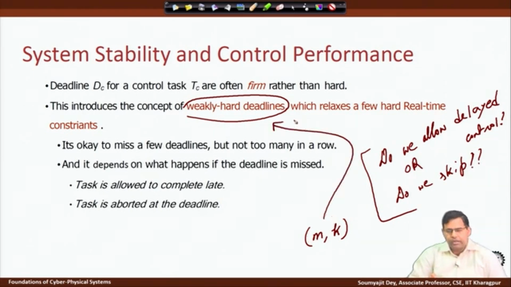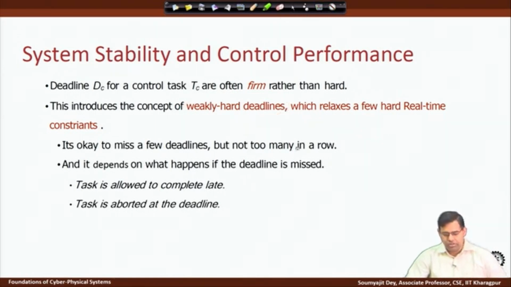That means my deadline is firm, but it is okay to violate the deadline in a bounded manner. For example, as long as out of every 10 consecutive deadlines I meet 5 or 8 of them, it is fine, and that guarantee may come from the controller itself. That is called weakly hard. But anyway, this is for your future reference.